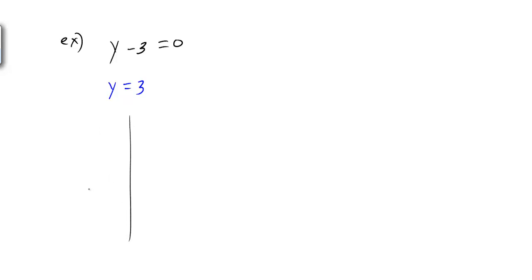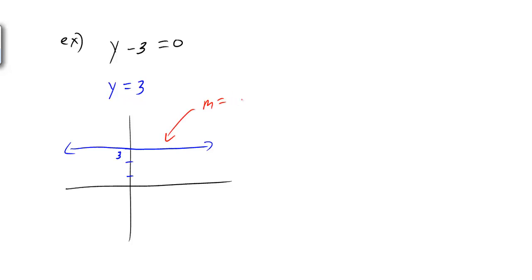And if we were to look at the graph of y equals 3, that means our y is always going to be 3, no matter what your x value is. So you're going to have a horizontal line. And the y-intercept is easy to find because it's simply 3. That's where it crosses the y-axis. But if we want to identify the slope, then we know the slope of any horizontal line is equal to 0.